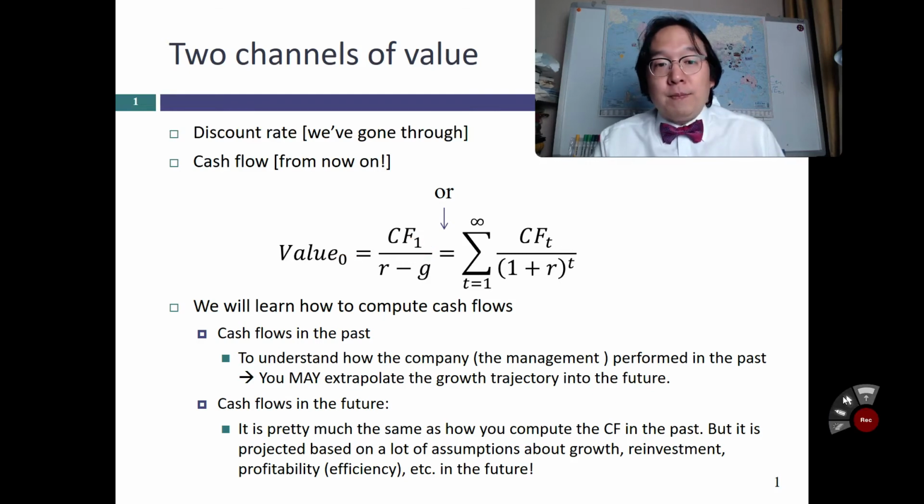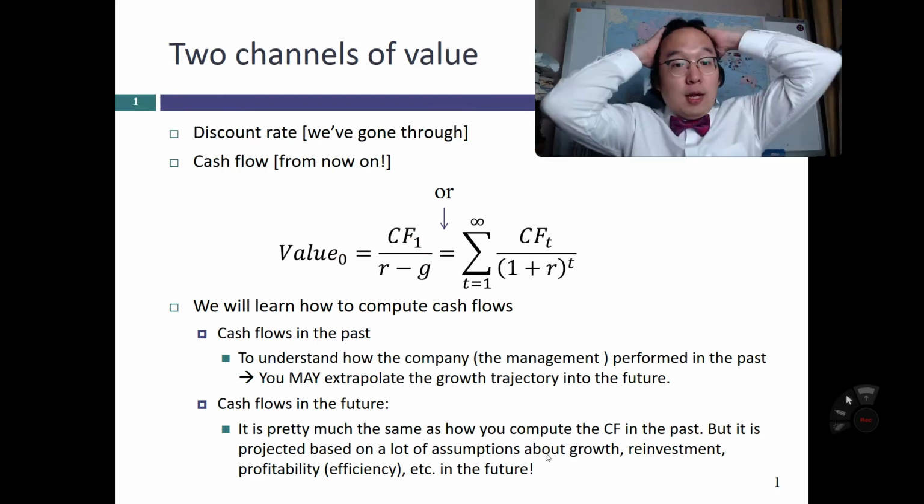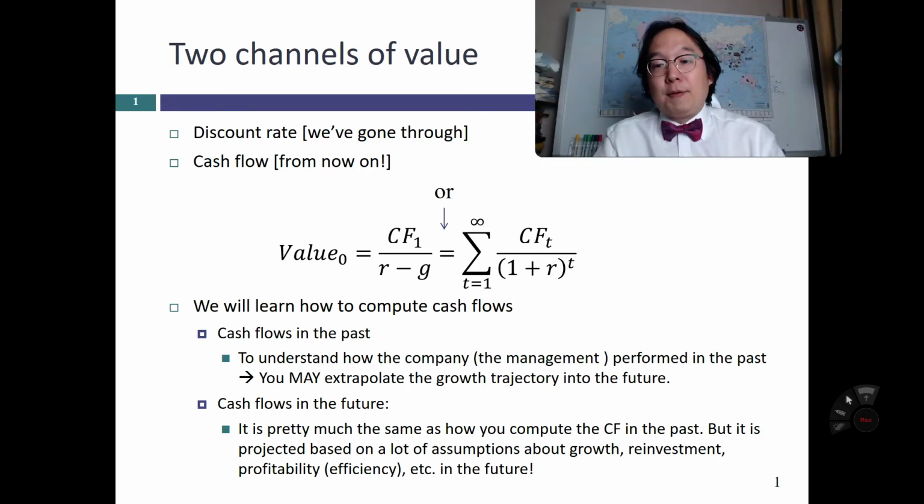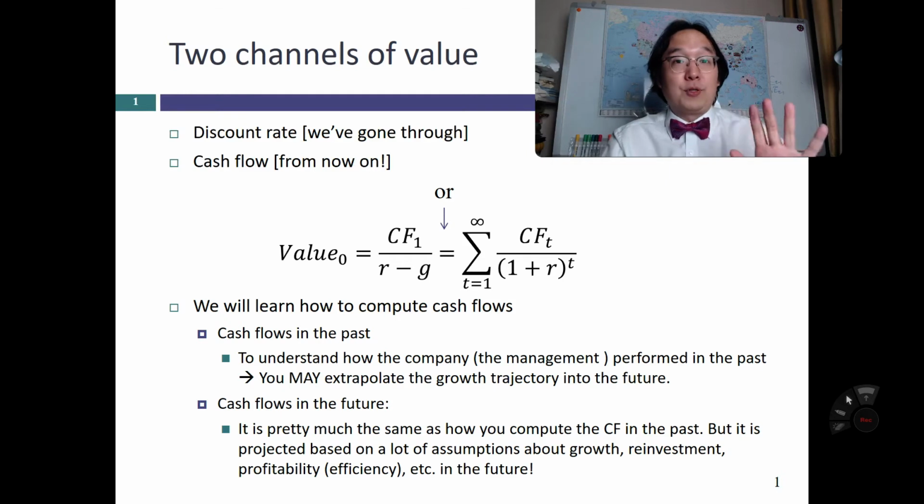We will learn how to compute cash flows in the past to understand how the company performed, and you may extrapolate the growth trajectory into the future. And we will learn how to compute the cash flows in the future. It is pretty much the same as how you compute the cash flows in the past, but it is projected based on a lot of assumptions about growth, reinvestment, profitability and efficiency in the future.